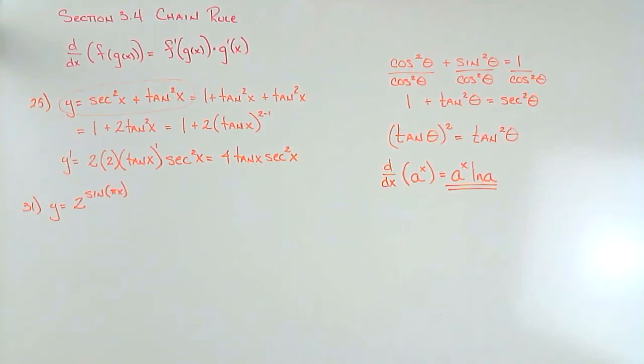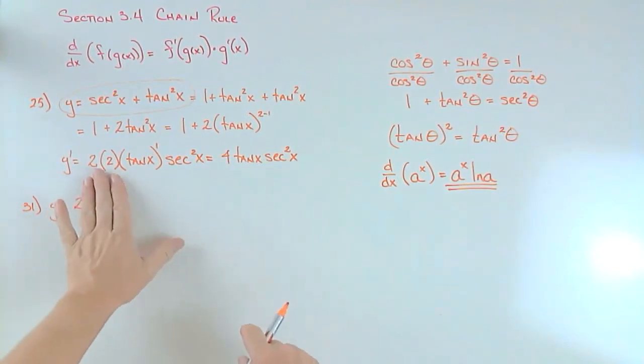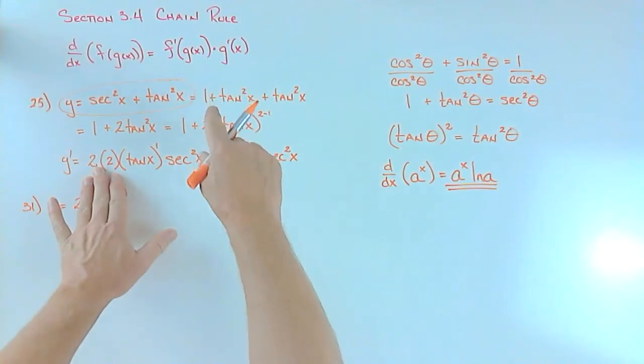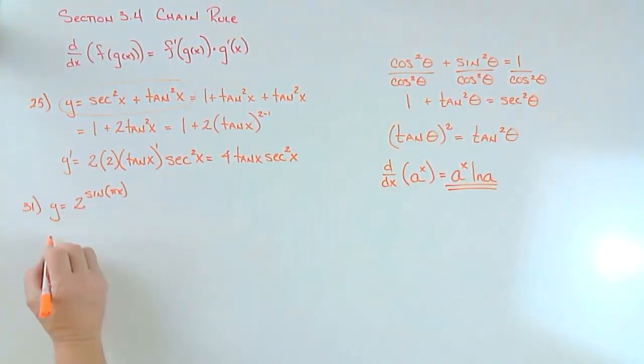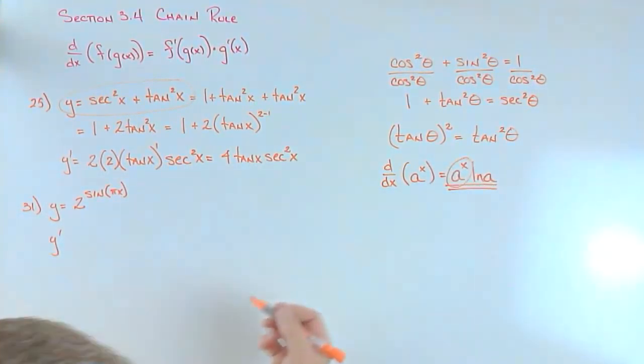And I don't know if we've made a big deal out of that in class yet or not, but we needed to do problem 31, so I'm going to write it over here. Now that means we have 2 to a power, all right? Now our power happens to be another function, but the rule doesn't care about that, right? The derivative rule doesn't care. It says, all right, if you have 2 to a power, you just copy down whatever you have.